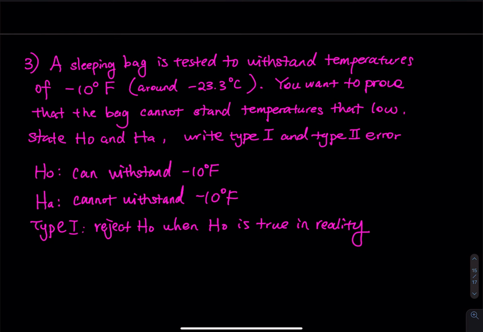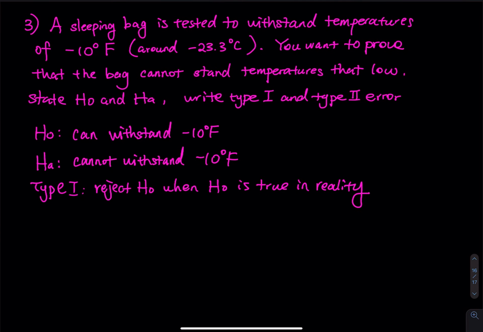All right, how do you put this in the context of the problem? Reject H0, that means HA is true. So you write HA first. You conclude that the bag can or cannot. The answer is cannot because you reject H0 at this moment. You are taking HA as a correct statement.